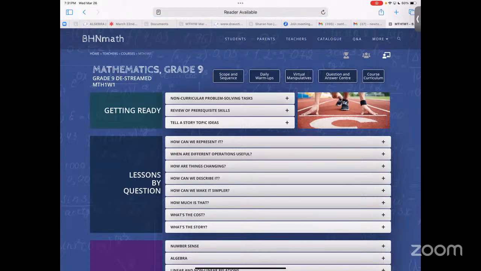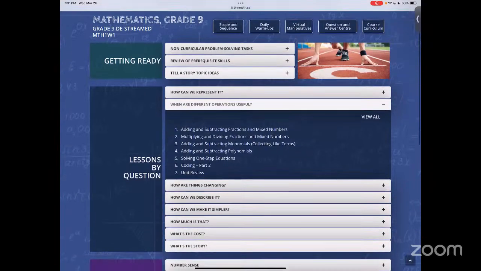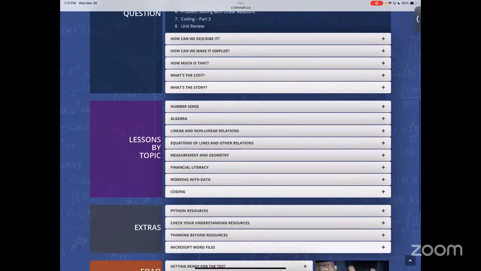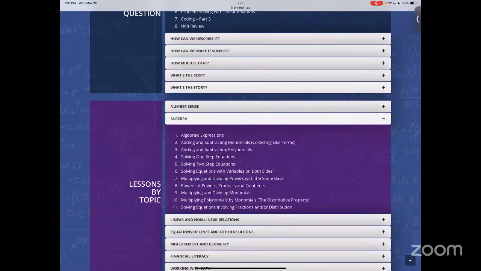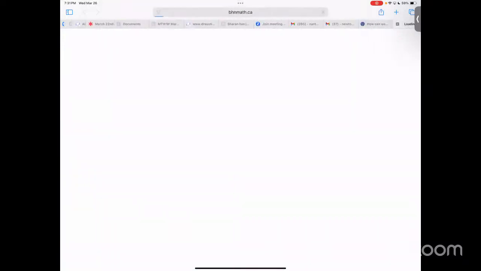Solving equations is supposed to be how this thing is solving two-step equations. Closer look at rate of change, connect represent. Okay, so as I'm working on algebra, we're working with solving equations with fractions.